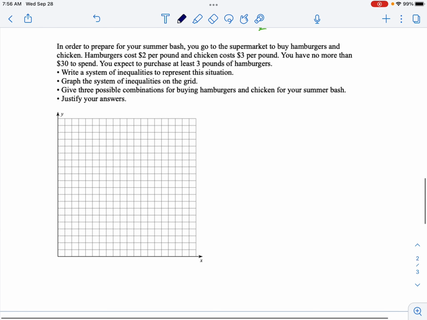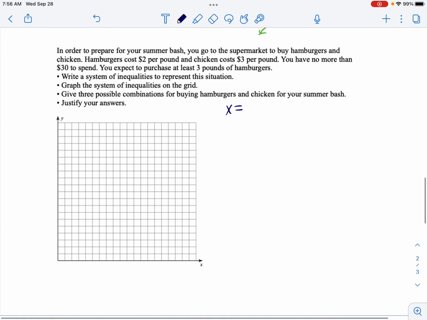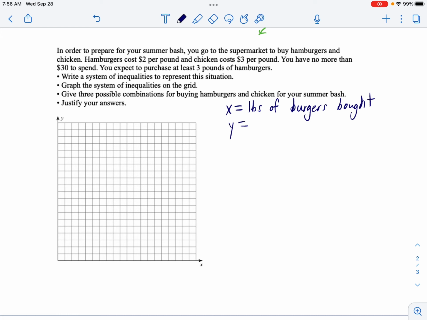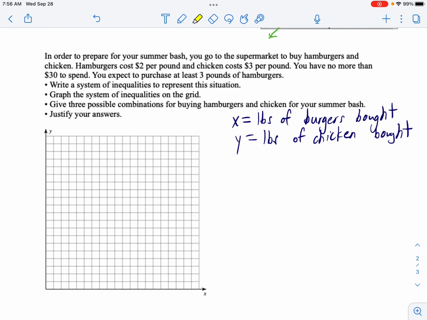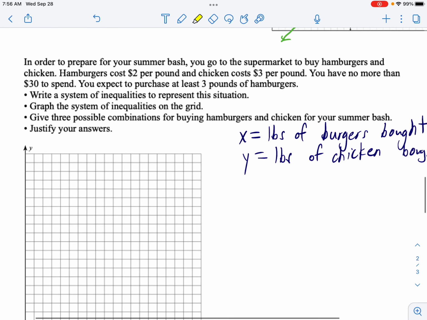Let's let X equal pounds of burgers bought. Let's let Y equal pounds of chicken bought. All right. And then looking through my word problem, my two inequalities are going to come from 2 restraints here, right?